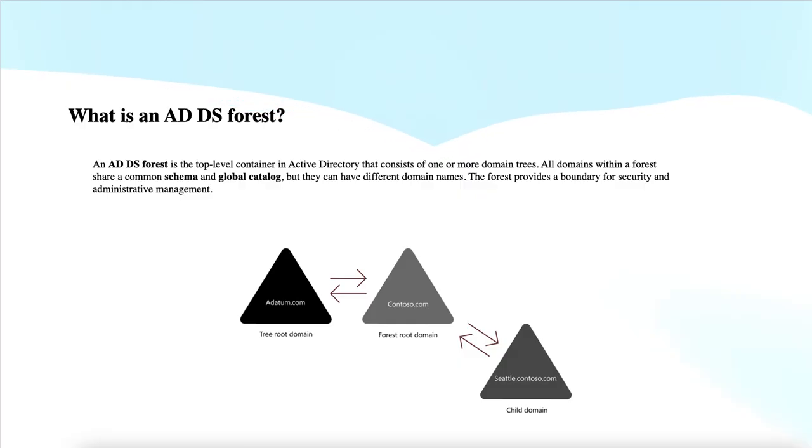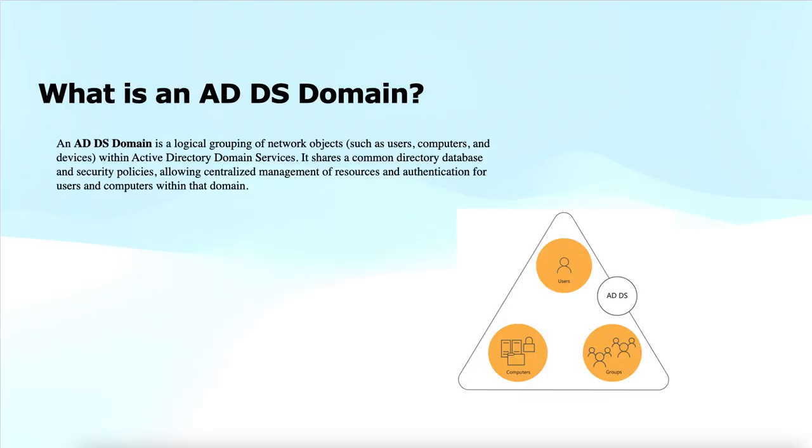What is an Active Directory domain service domain? The ADDS domain is a collection of objects like users, groups, or computers, or any other kind of object like OUs. An ADDS domain is often described as a replication boundary. The domain partition is replicated within this domain boundary.